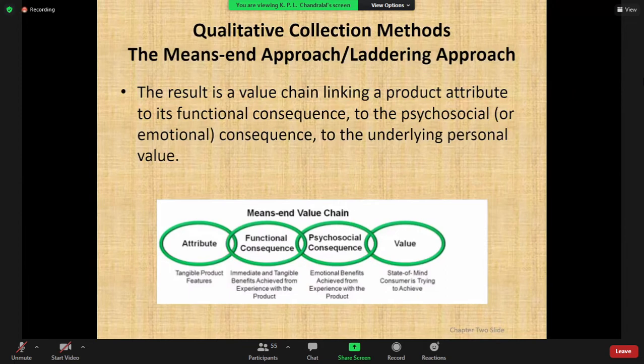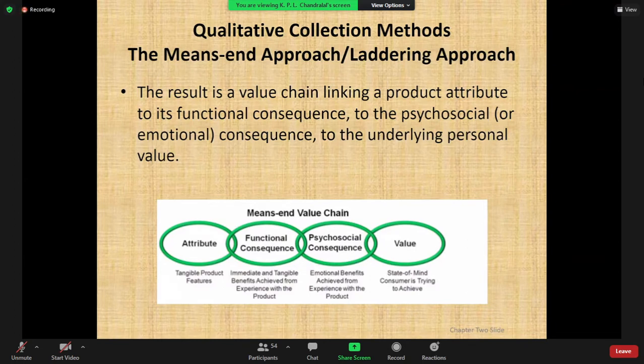First, you start with the attributes or the features, asking why you purchase. Customers more often relate their purchase decision to a feature or an attribute. That's typical. Then you try to identify what the functional consequences of those features are.